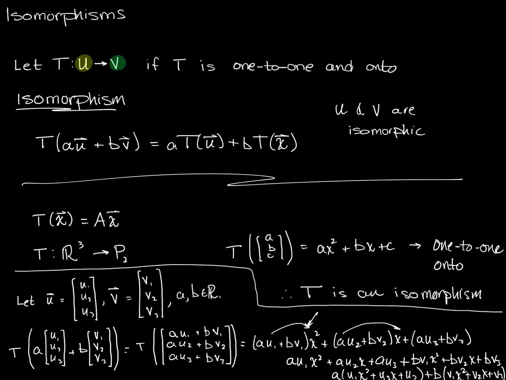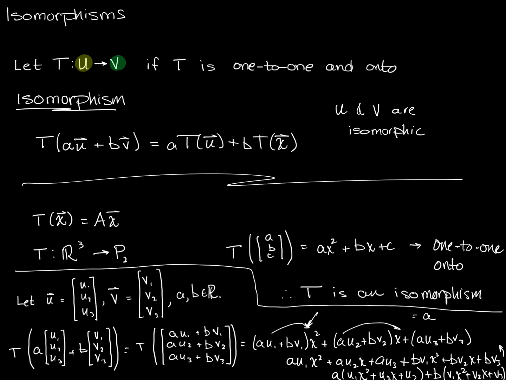And again, ideally, I need one more step here. Let's see, can I squeeze it in up here maybe? And go up here and say that that is equal to A times, what is U, let's see, U1 times x squared plus U2 times x plus U3.